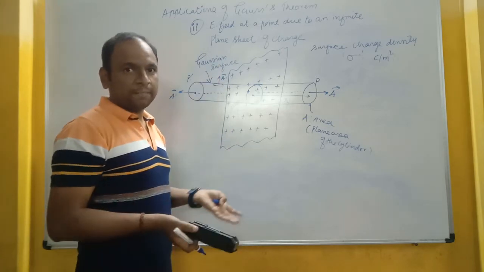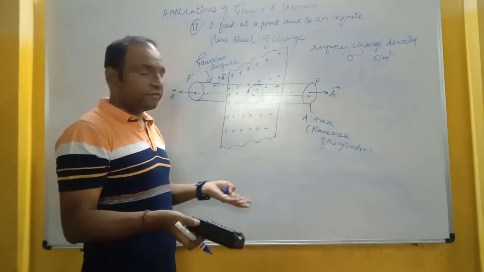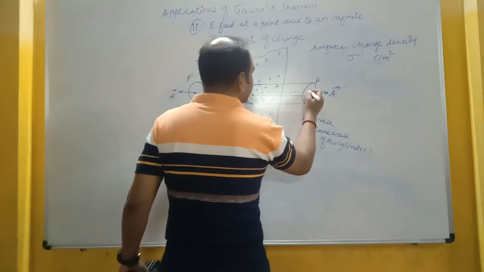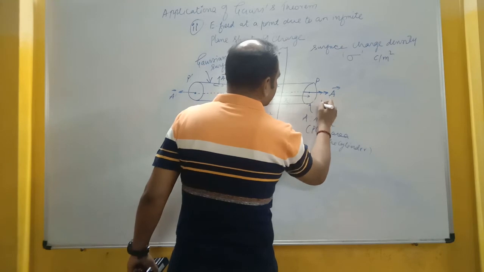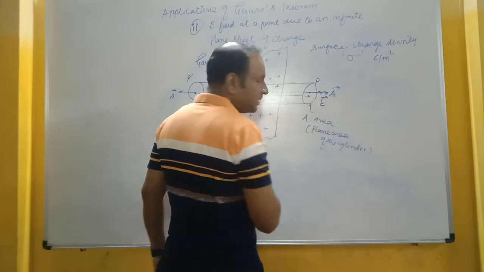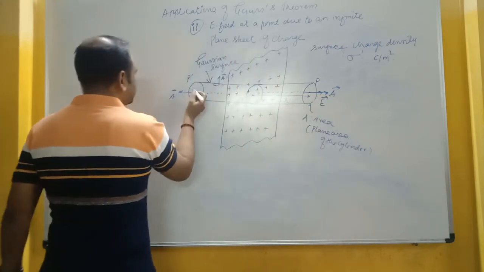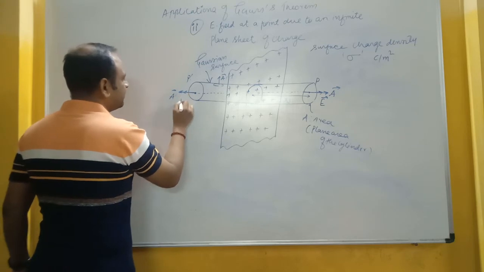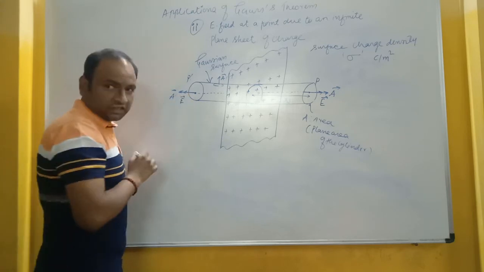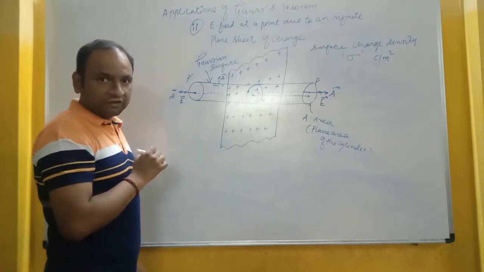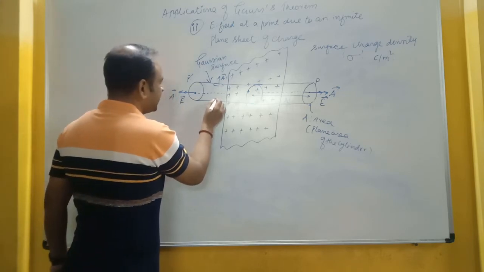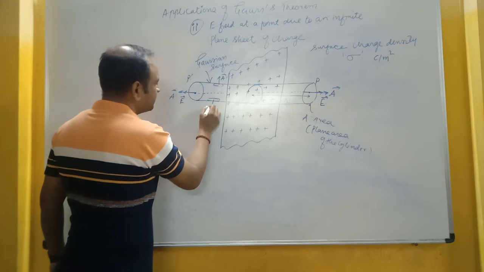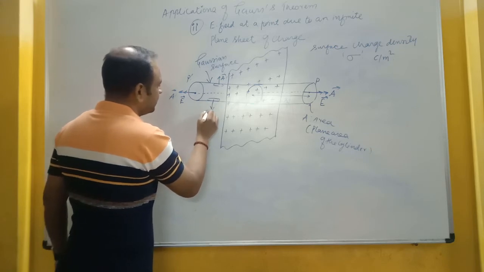The electric field will always be radially away, so my electric field would be in this direction. Here, if I consider the area somewhere, this is my A dash vector and the electric field is here somewhere.